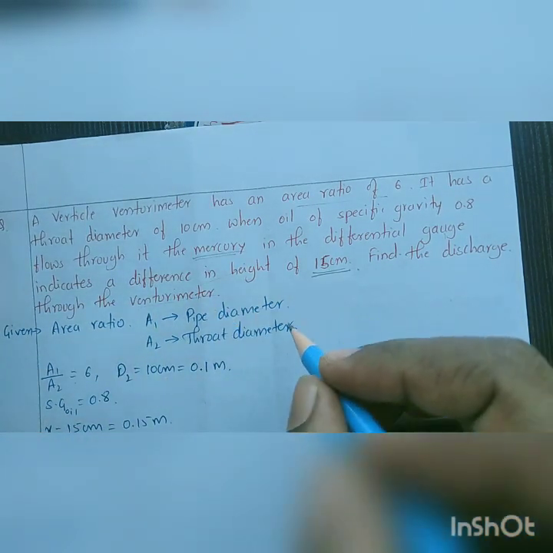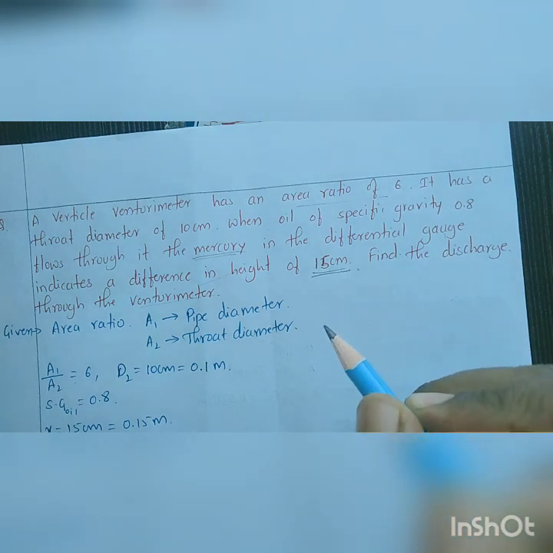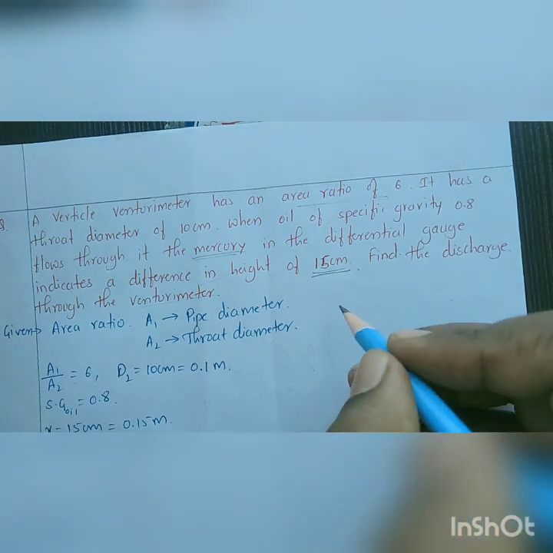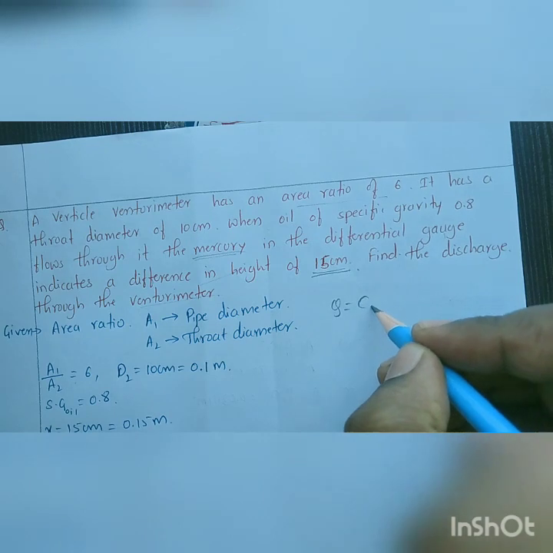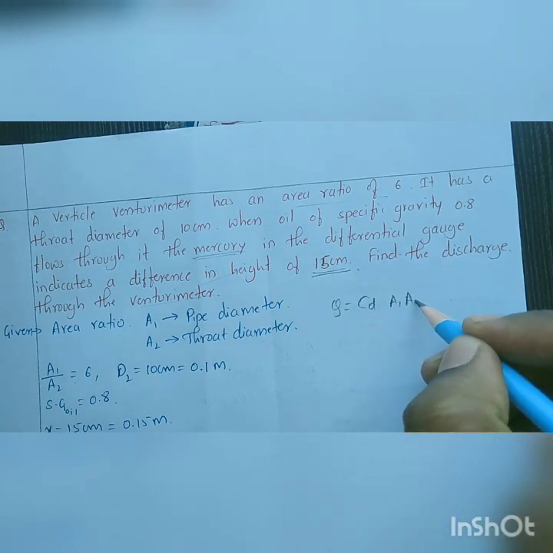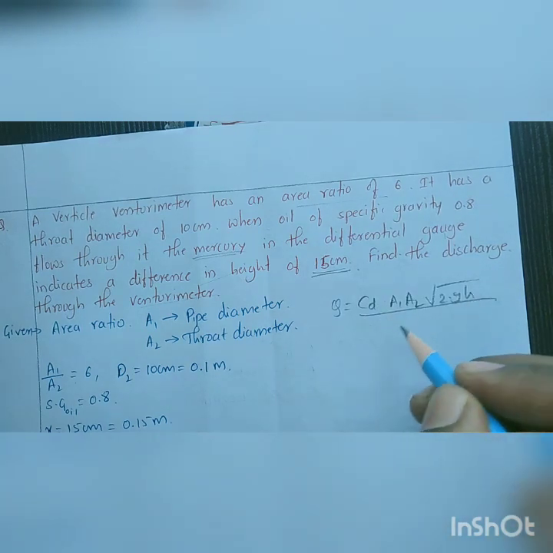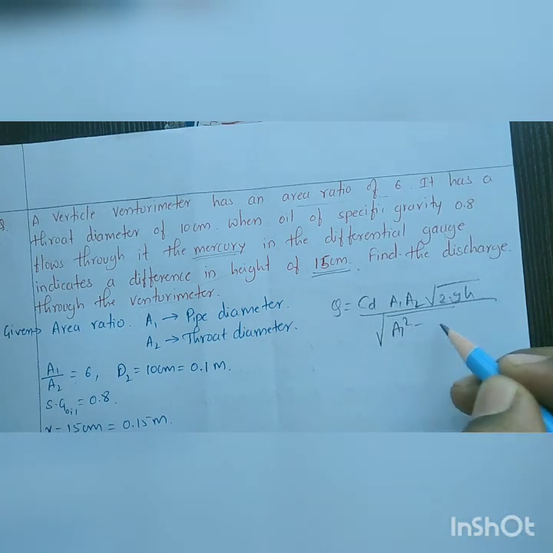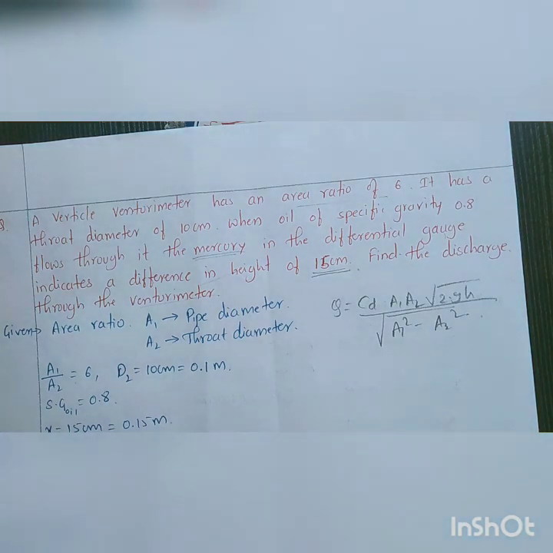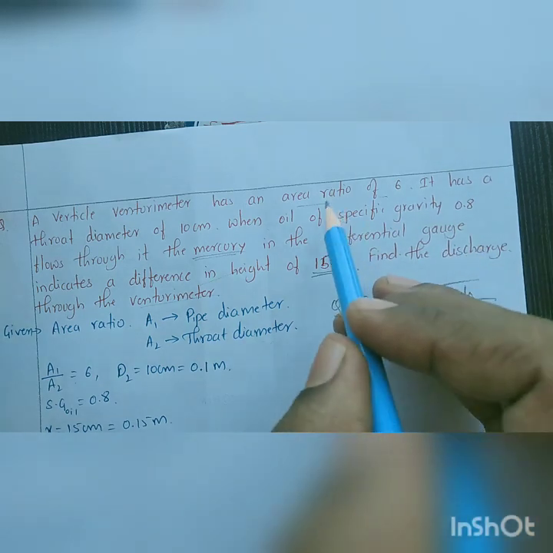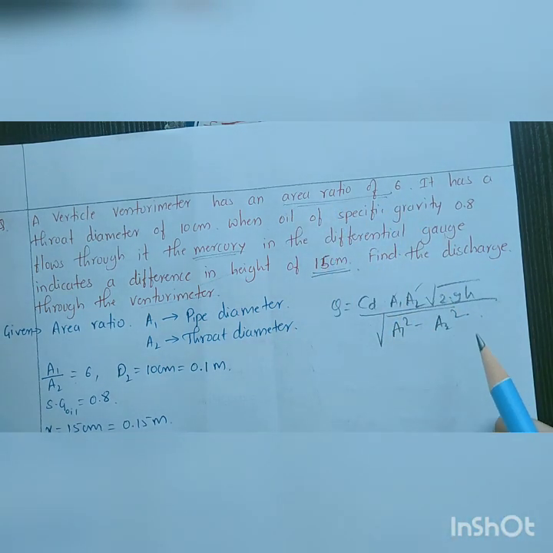As soon as you find which problem it is, you write the expression for it. Q is equal to CD A1 A2 square root of 2GH divided by square root of A1 square minus A2 square. Next, he has not given A1, A2 directly, but he has given the ratio of area.